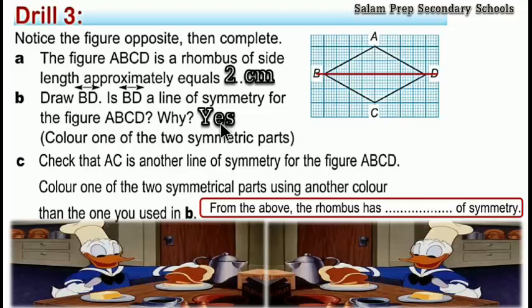Yes. Because the triangle A, B, D is congruent to triangle C, B, D.